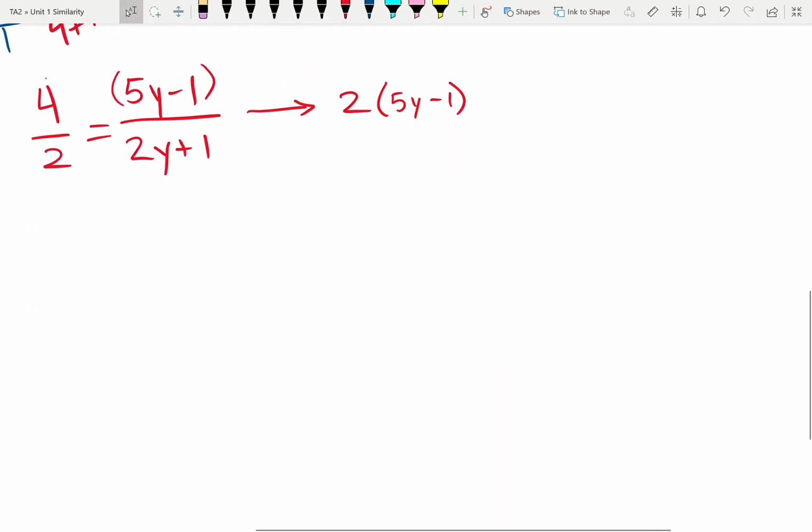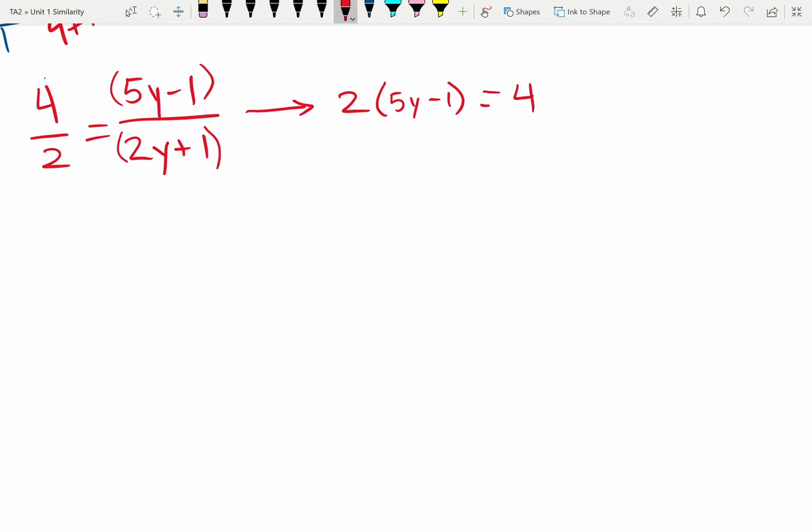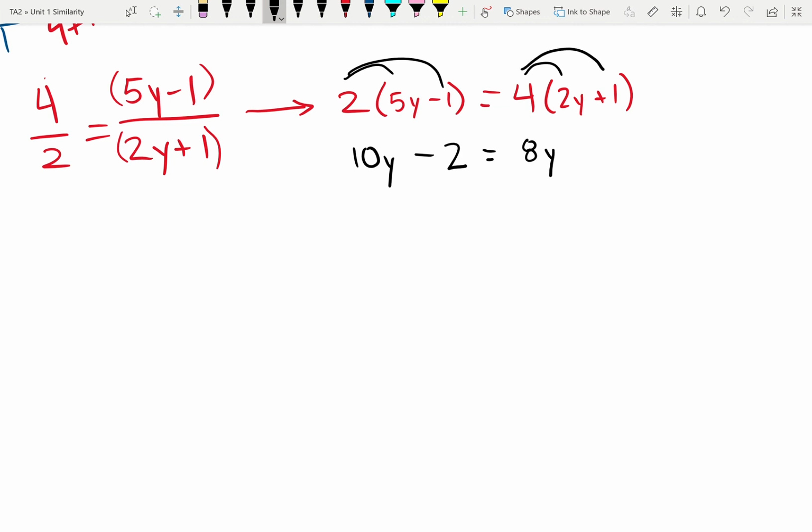And then we do the same thing, 4 times the entire (2y plus 1). Now we can distribute and solve from here. 2 times 5y is 10y. 2 times negative 1 is negative 2, equals 4 times 2y, which is 8y. 4 times 1 is plus 4.